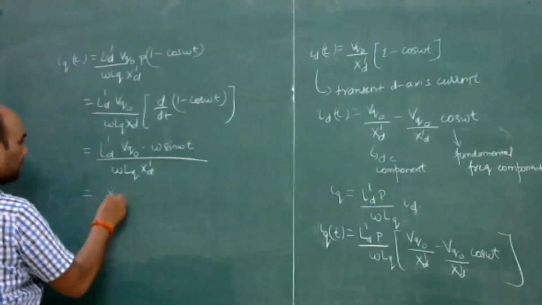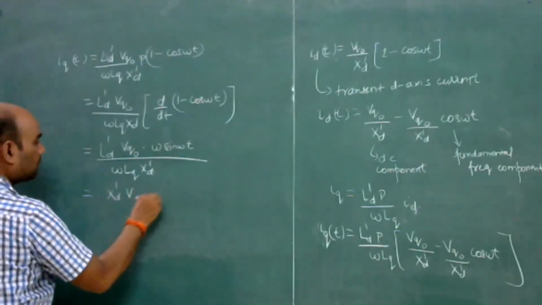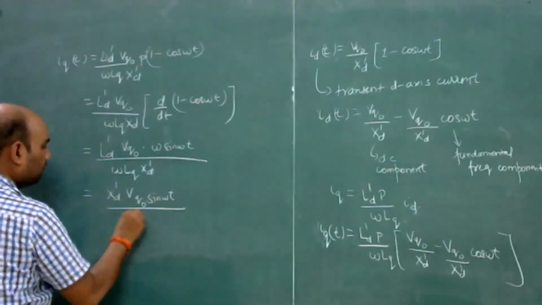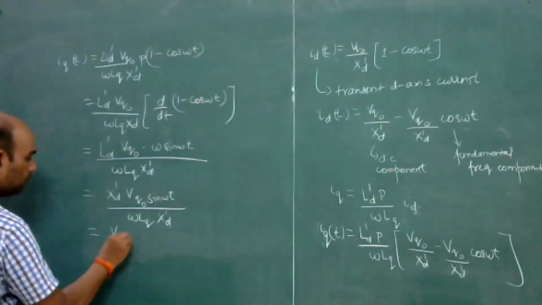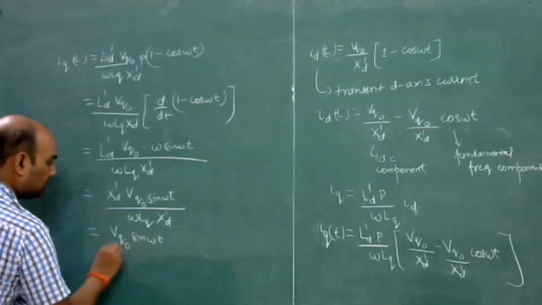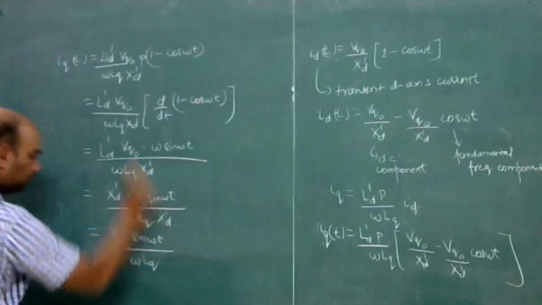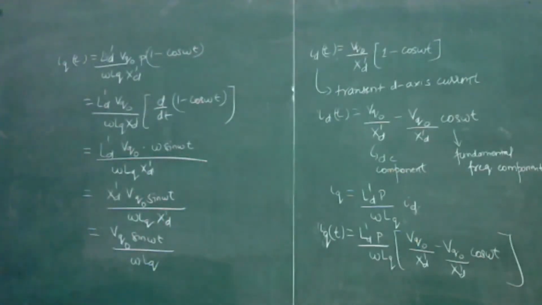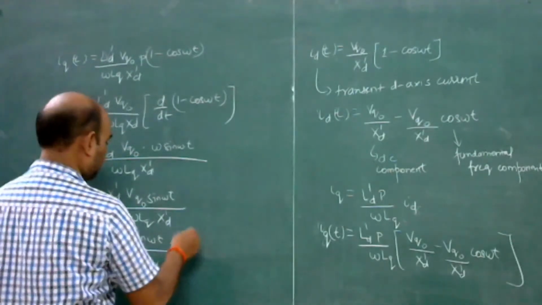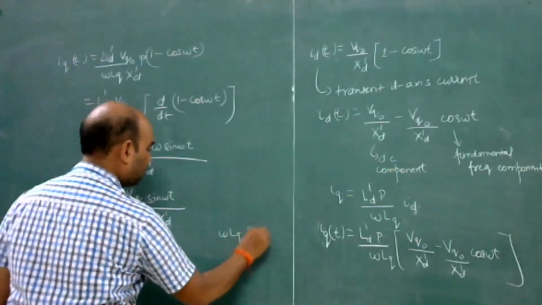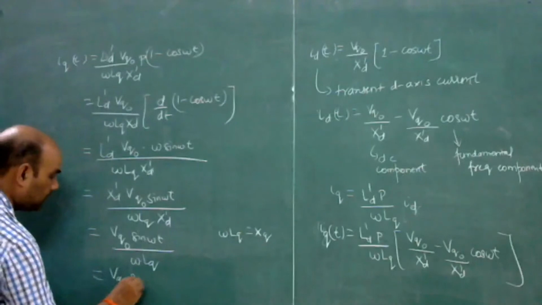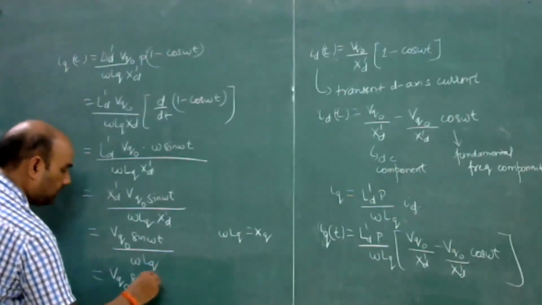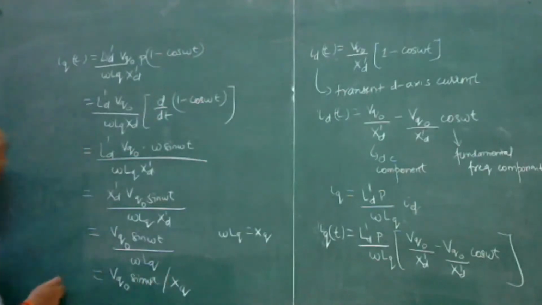So this can be written as XD dash VQ naught sin omega t divided by omega LQ into XD dash. So this will be cancelled out. So VQ naught sin omega t divided by omega LQ. Okay, and omega LQ is equal to xq. So this can be written as VQ naught sin omega t divided by xq. This is the value of transient q-axis current.